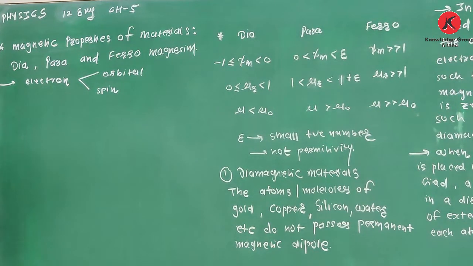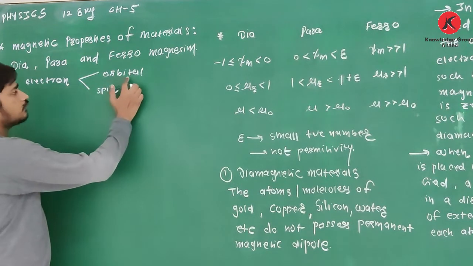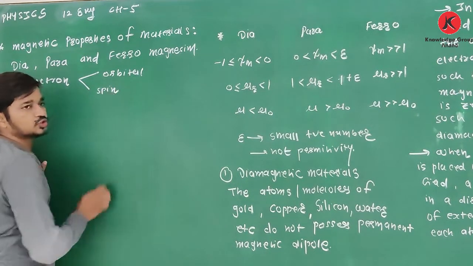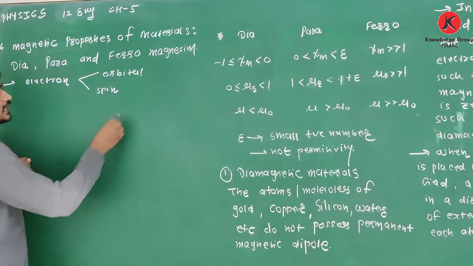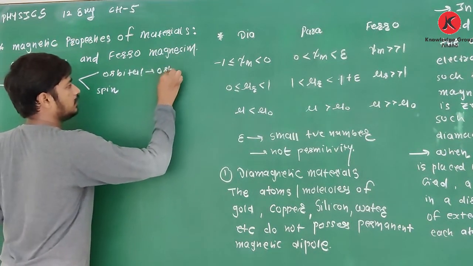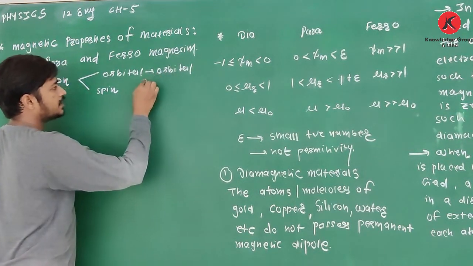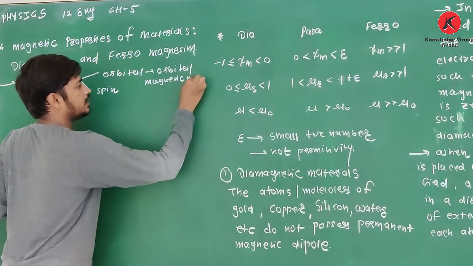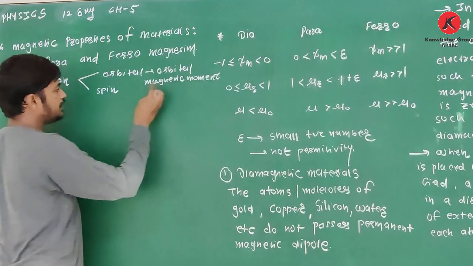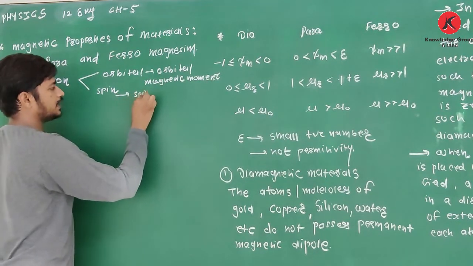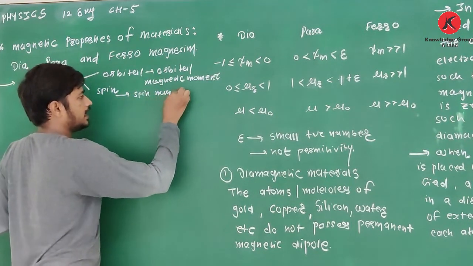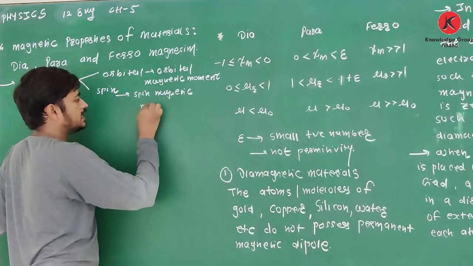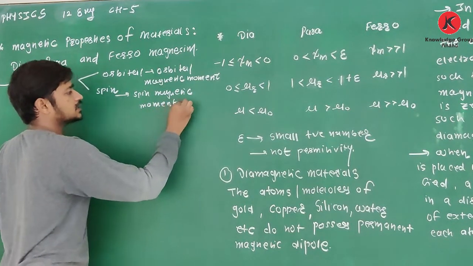Here, each and every electron performs orbital motion and spin motion. So due to orbital motion, it has orbital magnetic moment, and due to spin motion, it has spin magnetic moment. Clear about this?